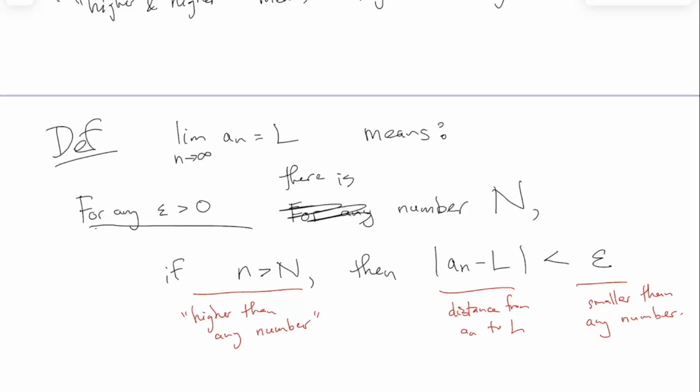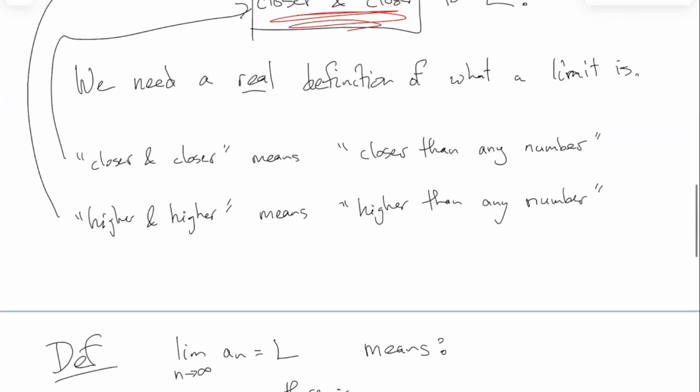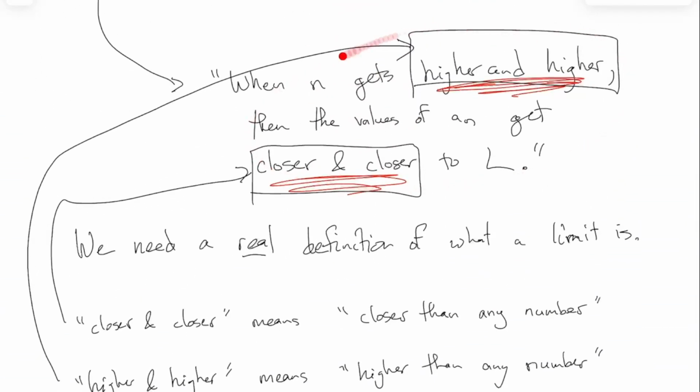I don't know if this sounds totally complicated. It is complicated, but in my opinion, this is one of the great towering heights of the accomplishments of mathematics before the 20th century. It takes an idea, this closer and closer, higher and higher thing, that is very easy for everybody to understand. And this was understood by people for many centuries.